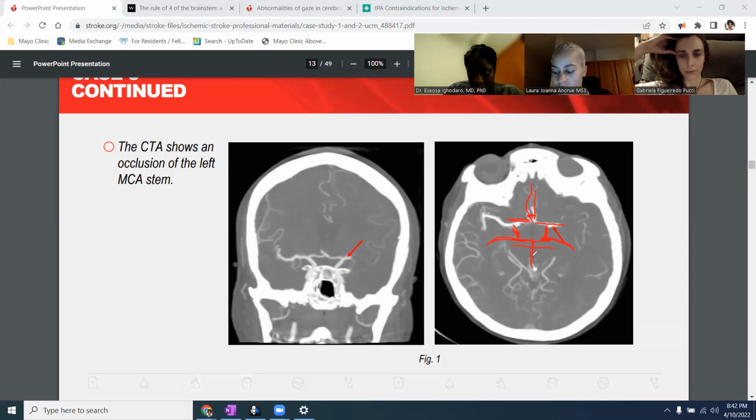Then we keep going down the basilar, and then we have the vertebrals that come off, and lower down the anterior inferior cerebellar artery comes off the basilar, and then we have the posterior inferior cerebellar artery that comes off the vertebral. And then here's a bonus.